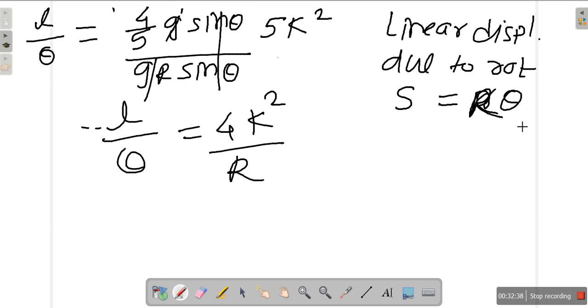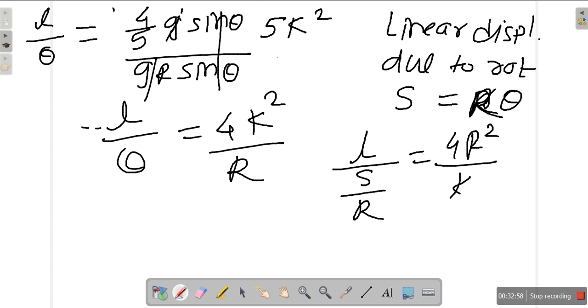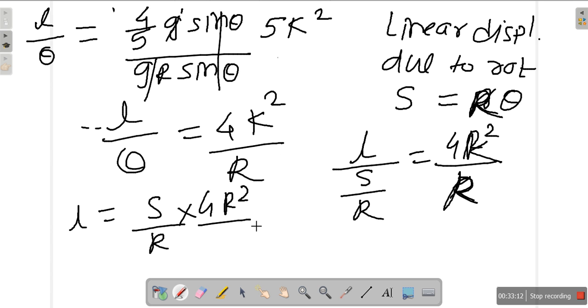So instead of theta you can write S upon r. Theta is S upon r. For k square upon r, now transfer it over here and you will get L equal to S upon r into 4k square upon r.